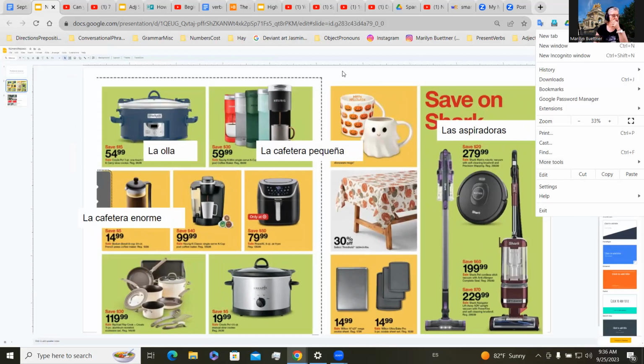Primero tenemos, hay unos ejemplos de electrodomésticos. ¿Qué es un electrodoméstico?